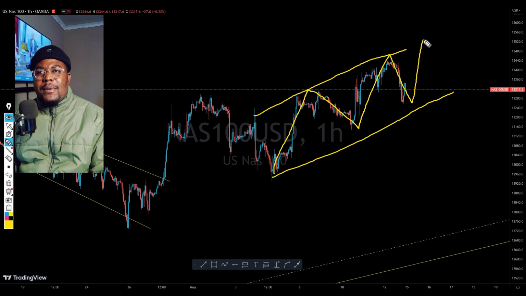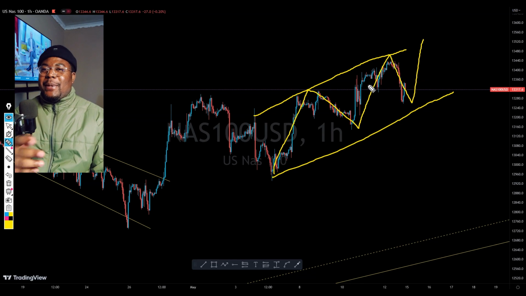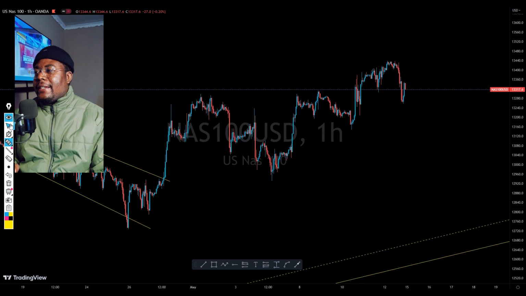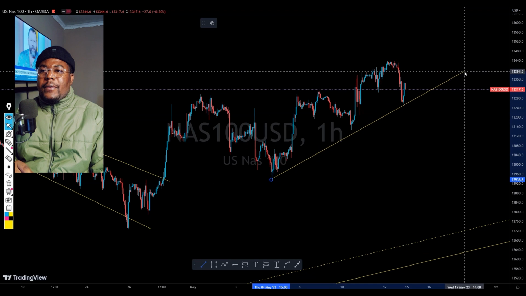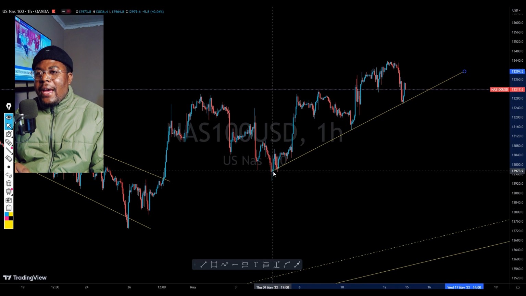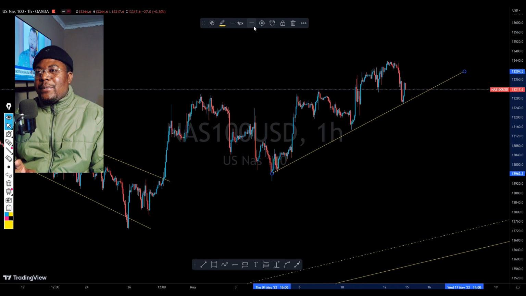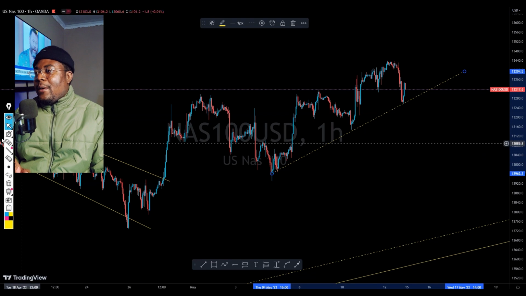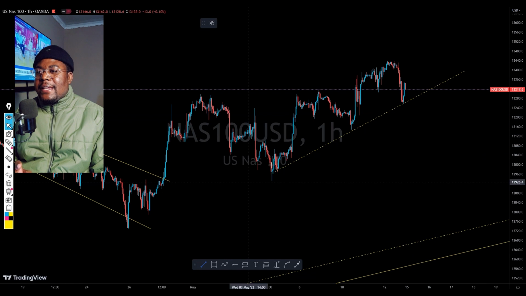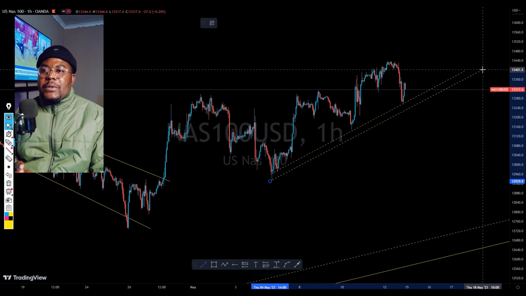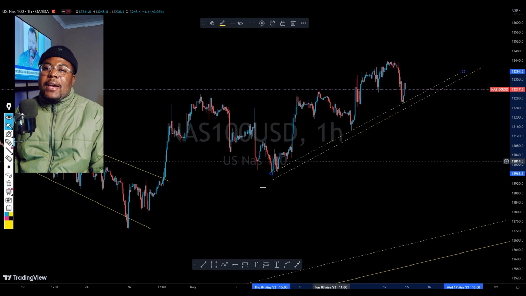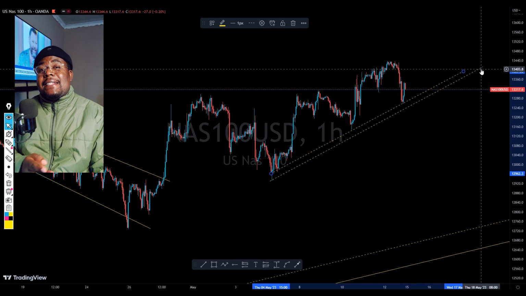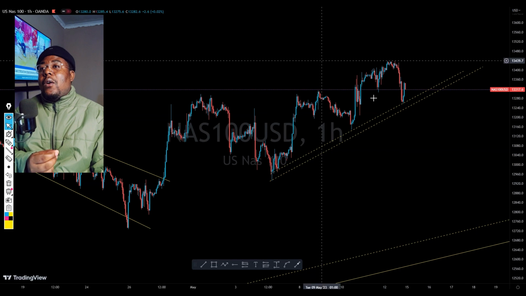I don't think there is anything I have to explain further than that, but you can easily see that, okay, now I have to connect these points. You have to connect these points. The reason why I like drawing two lines is because sometimes the market doesn't respect the zone that you are trying to draw. If you draw one line, the market might go beyond that, but that doesn't mean it's a pure breakout.